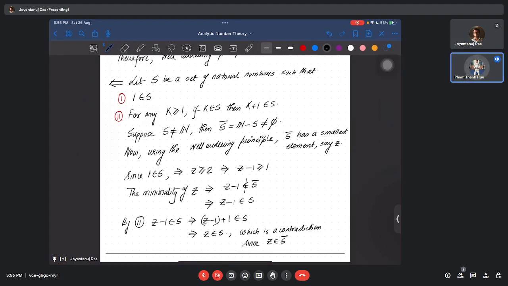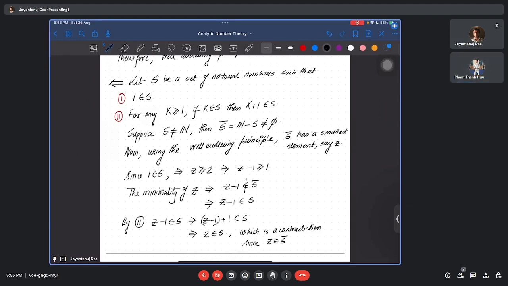Okay, so the number two: z minus one belongs to S, and z plus one belongs to S. We put k equal to z minus one. So z minus one does not belong to your S complement, so z minus one has to belong to S, right?